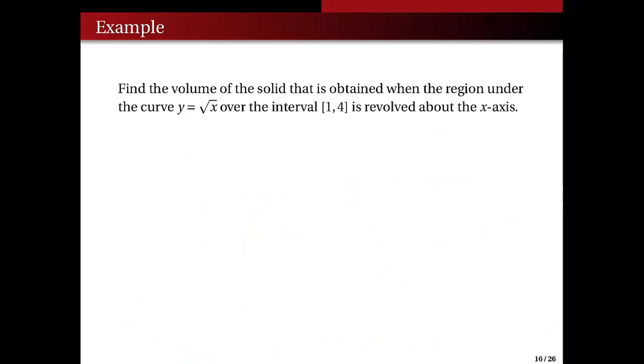Another example here. Find the volume of the solid that is obtained when the region under the curve y equals square root of x over the interval 1 comma 4 is revolved about the x-axis. So this is your x here, y here, and you have the square root function.